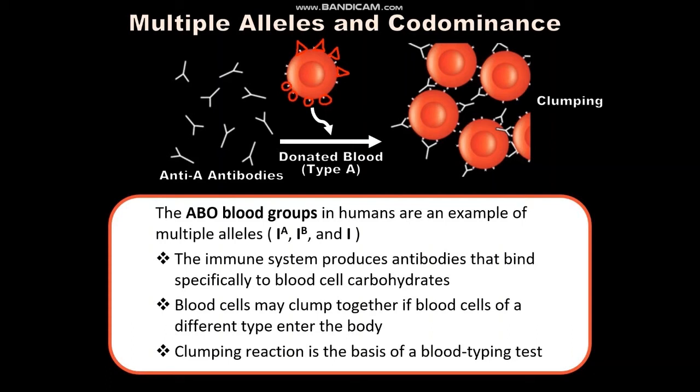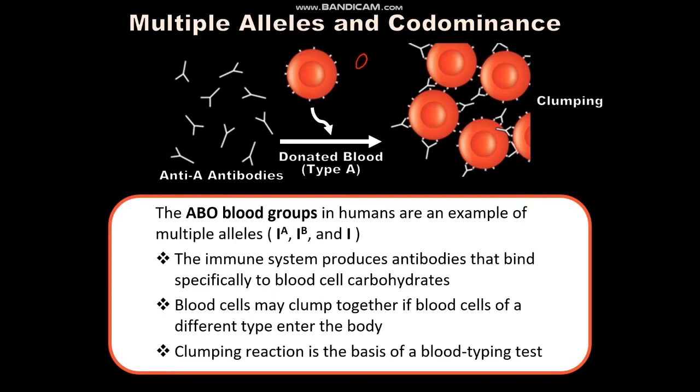But it's also possible that you have both A and B on the outside of your red blood cells in about equal proportions, and then you would have AB-type blood. It's also possible that you have alleles which don't code for some of these carbohydrates, in which case you don't make any of these antigens on the outside of your red blood cells, and then we would say that you have O-type blood. O as in you make 0 of these carbohydrate antigens.